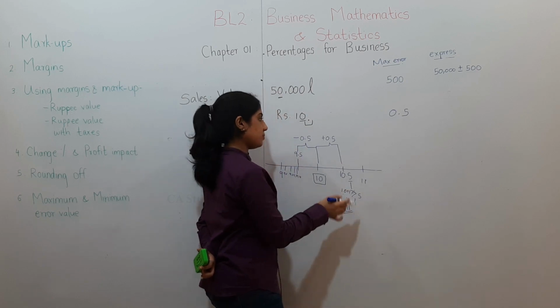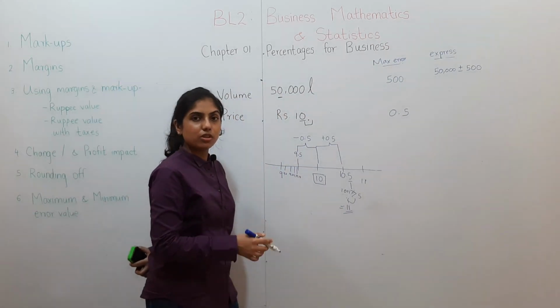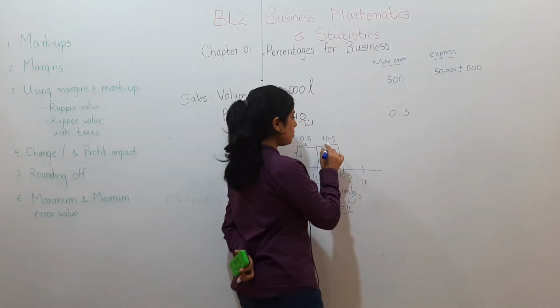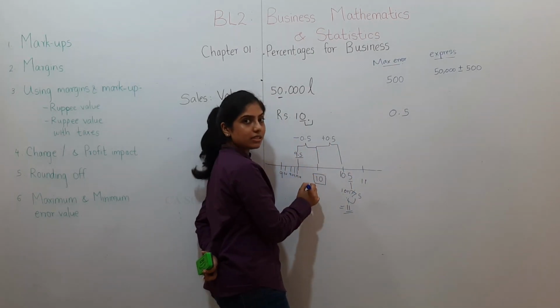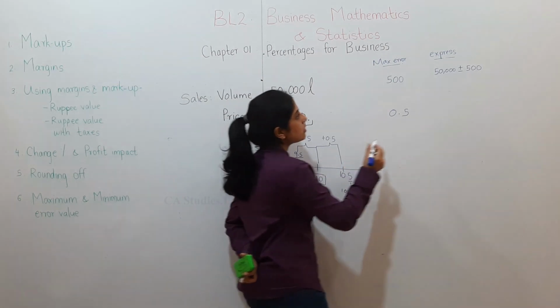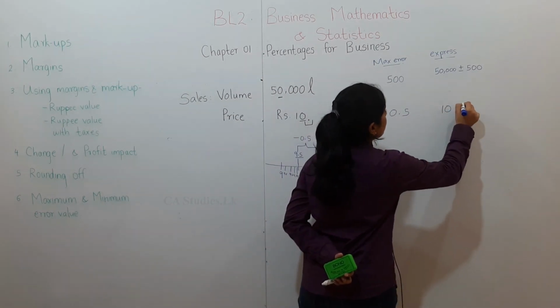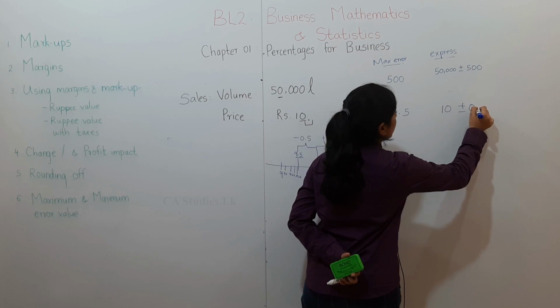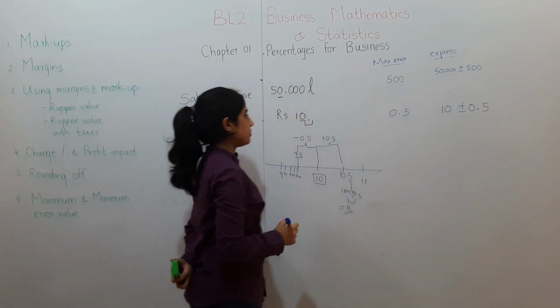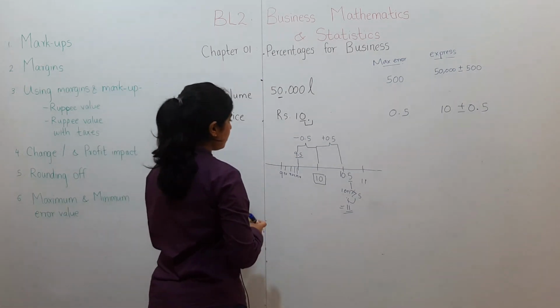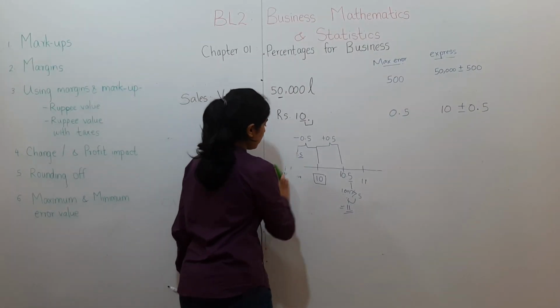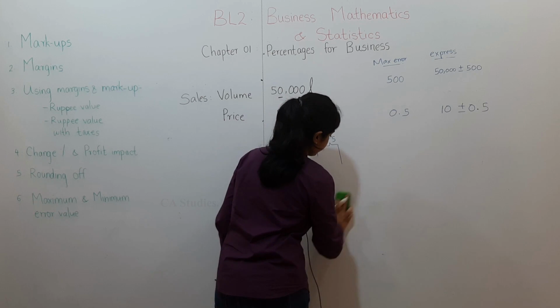So it is theoretically incorrect, but no choice. In the minus, of course, 9.5 will become 10. So write 10 plus or minus 0.5. Alright, so we sorted that out.